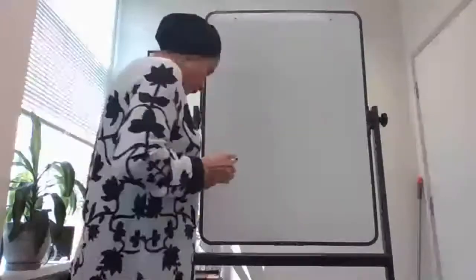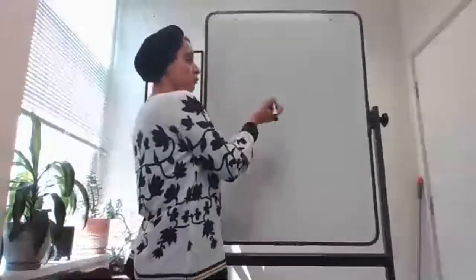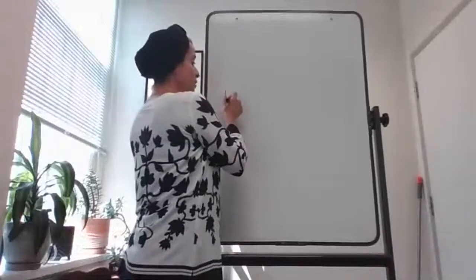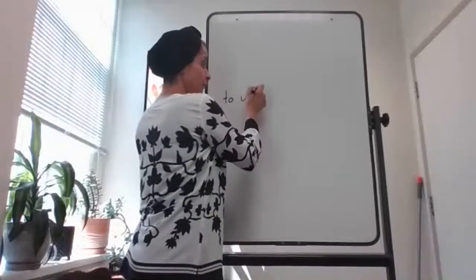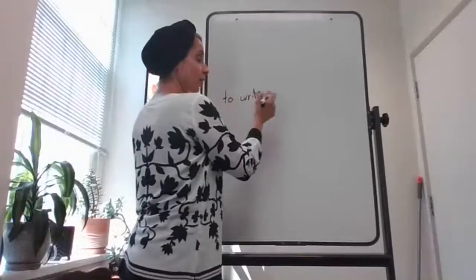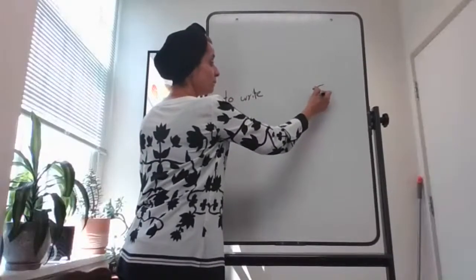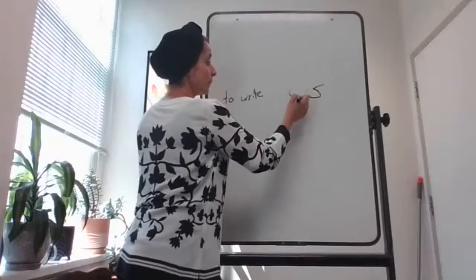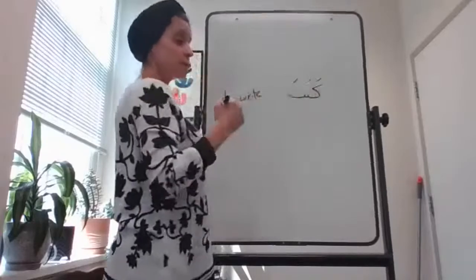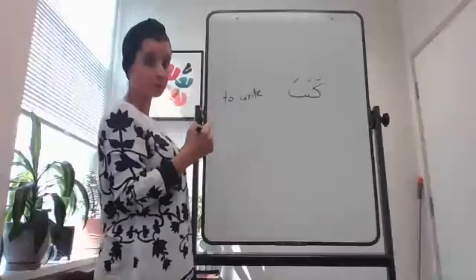For example, the infinitive for the verb to write in English is "to write". In Arabic, we don't have such a thing called infinitive. We use the third person pronoun past tense. So kataba is the infinitive form.